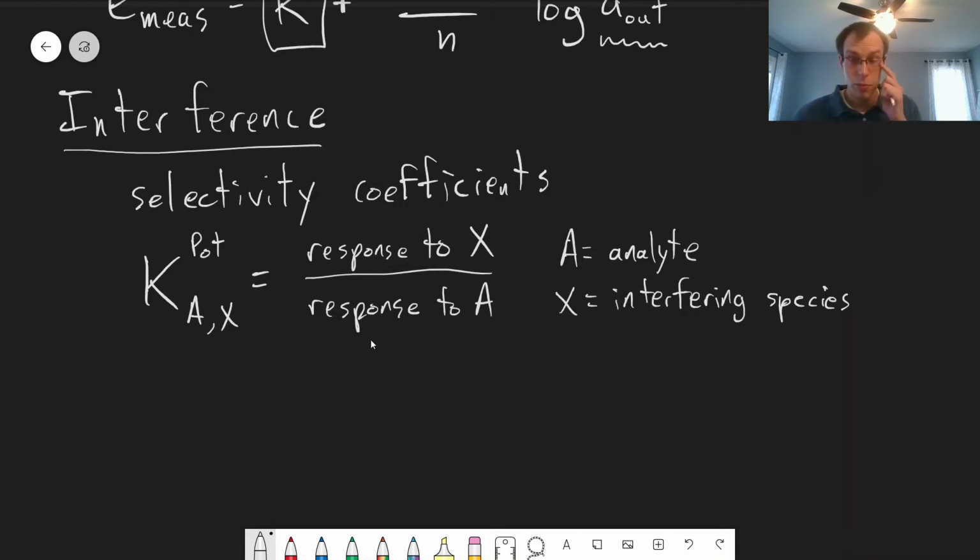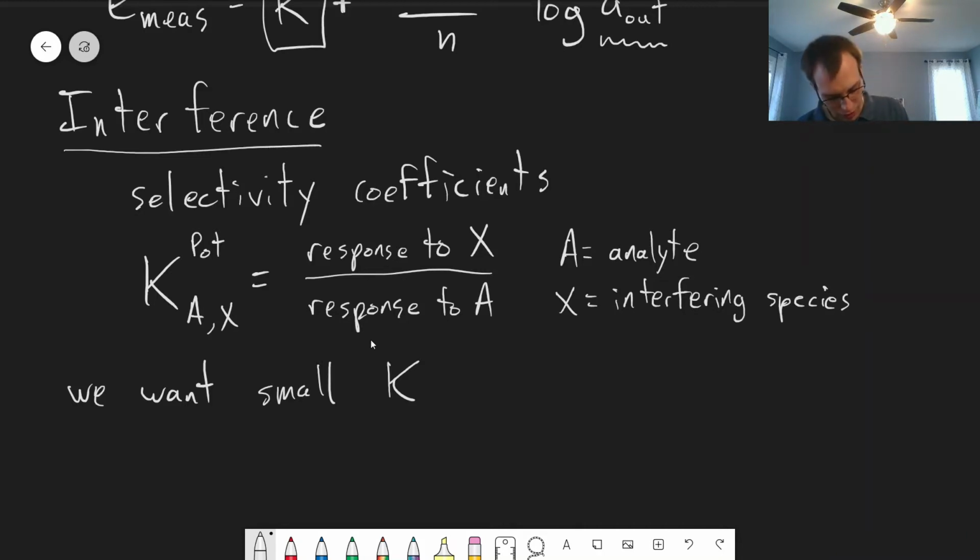Okay, so what this means is ideally we want this to be a small number, right? So we want small K. And that would mean that our response to X is much, much less than a response to A. So even if there's a fair amount of X that's present in our solution, it won't interfere with our response to A. And what this is going to look like in practice is we will get a potential that looks like there's more of our analyte present than what is actually there.